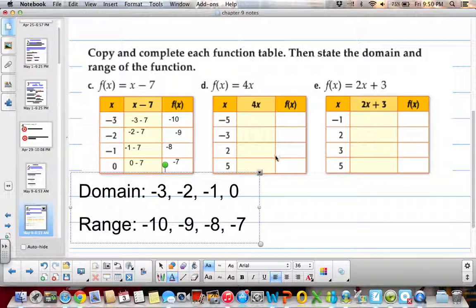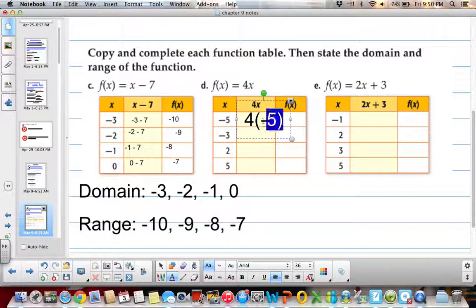Pause me if you feel comfortable enough to do both of these. Otherwise, watch me do one more and then do the last one. It's your choice. So we have f of x equals 4x. Here's our domain: negative 5, negative 3, 2, 5. So we would have 4 times negative 5, which is negative 20.